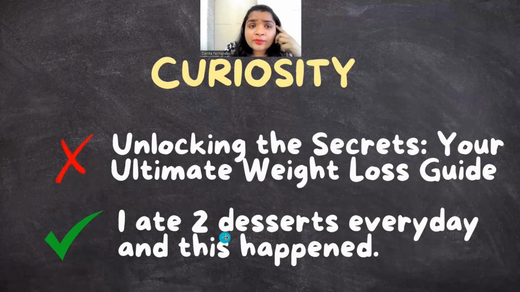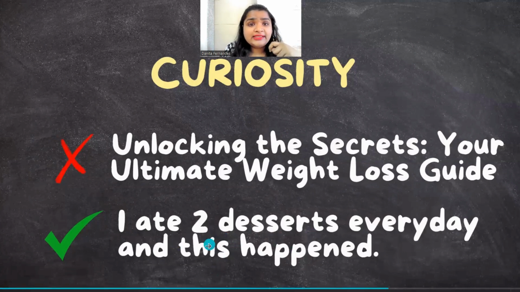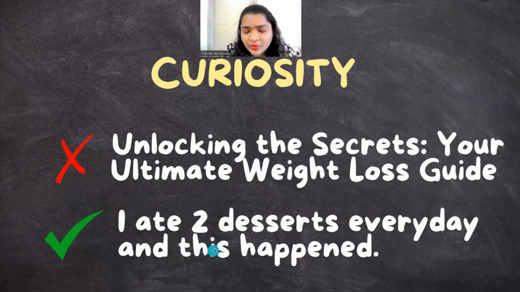Now, this open loop is created in my head, and "this happened" created the open loop in my head. And I'll read it further to understand if the expectation in my head became true or not. In short, I'll read further to understand, did this person gain weight or die because of diabetes?